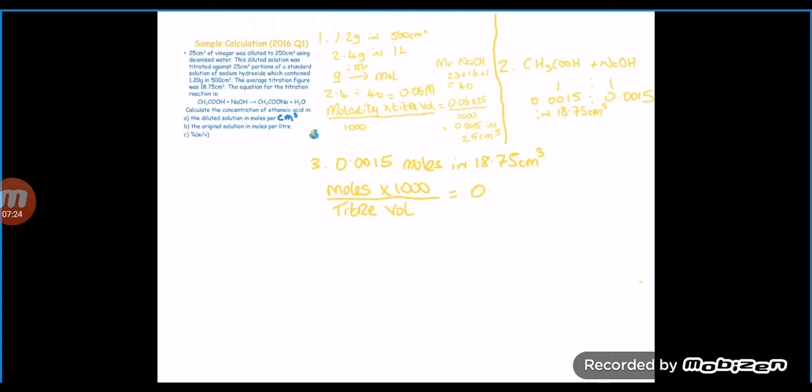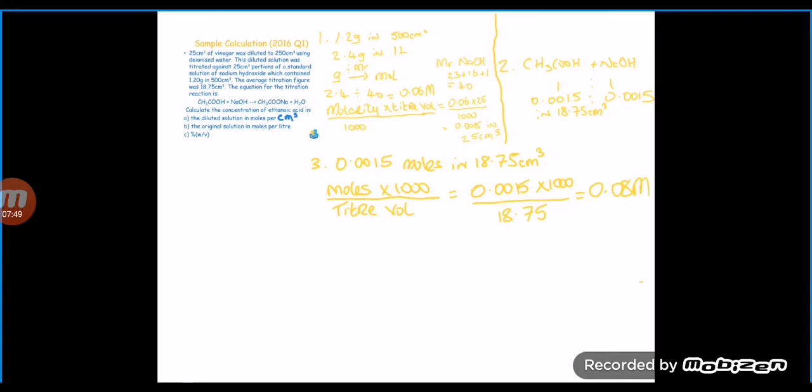So we know that the number of moles that we have is 0.0015. We divide that by 18.75 and that's multiplied by 1000. We know to divide by the 18.75 because that's our titration volume, as you can see up here.